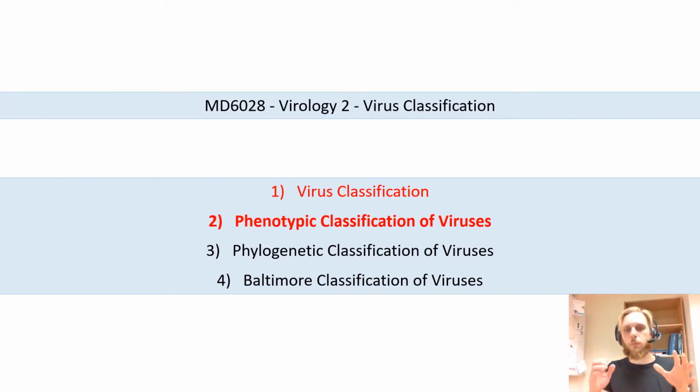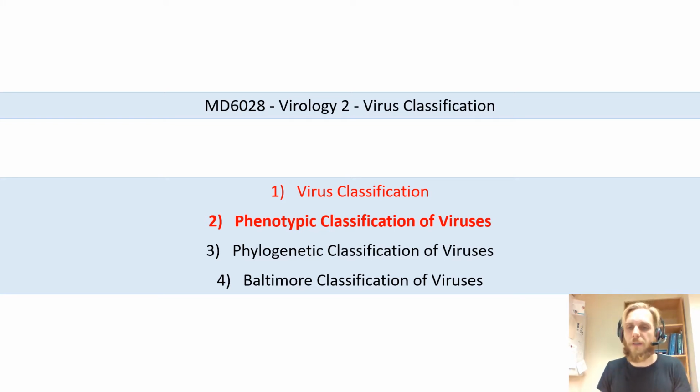Okay, so hopefully I've convinced you that we can kind of classify viruses phylogenetically, but it's not a perfect system. It doesn't work as well for viruses as it does for other microorganisms and other organisms. So is there a better way? Is there a better way we can classify viruses?